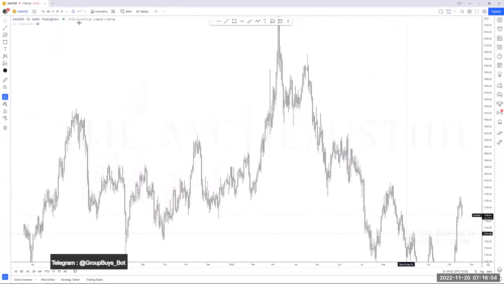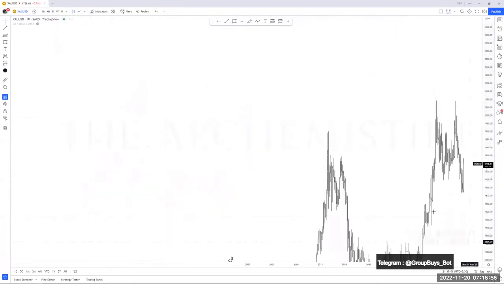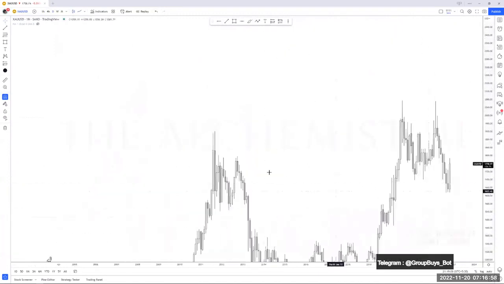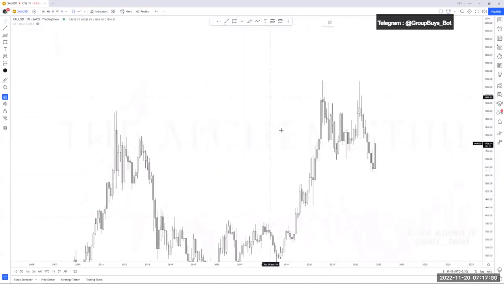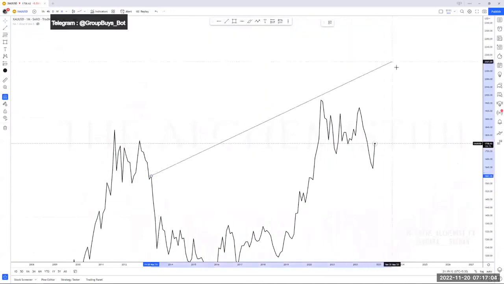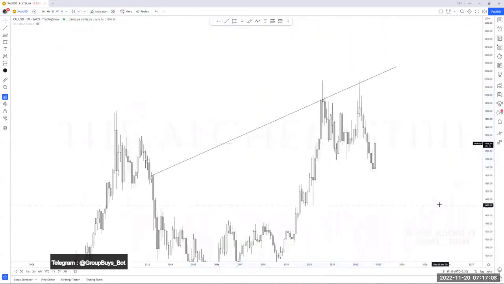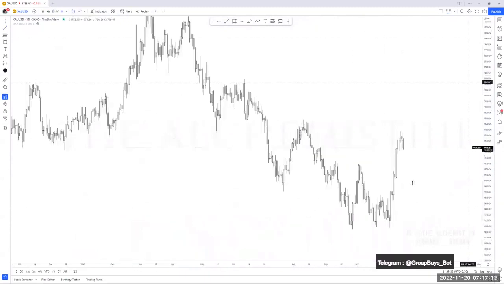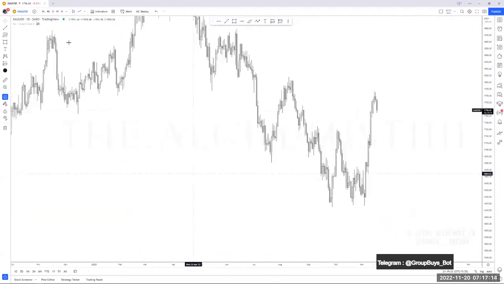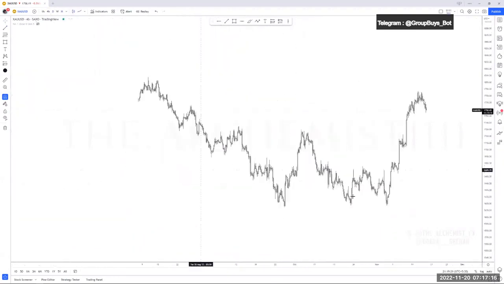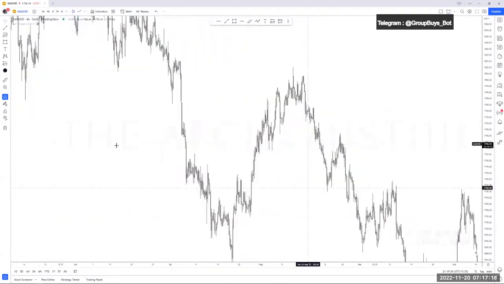Let's see where we had. On monthly we did have a nice reversal trend line in here, but it was not that good because there were no higher time frame POIs or anything. See, first point, second point, and a move like this. Of course it's not an easy one to spot the reversal trend line thing. But if you understand it properly, you will know where the reversals are coming from.